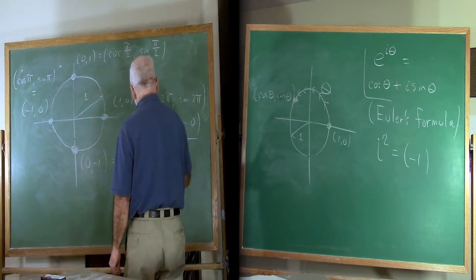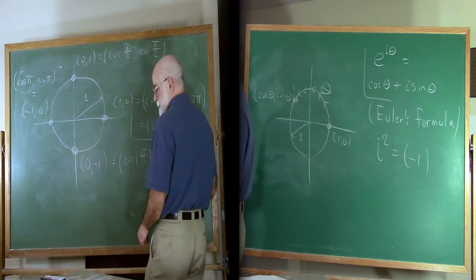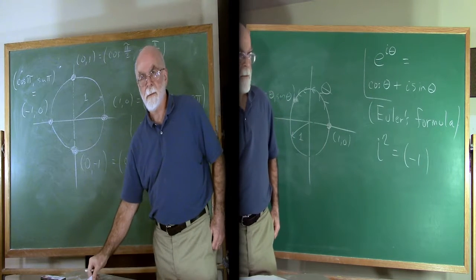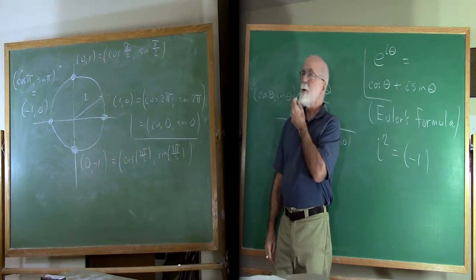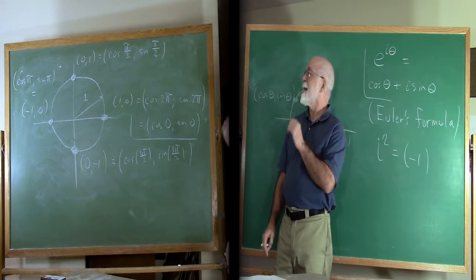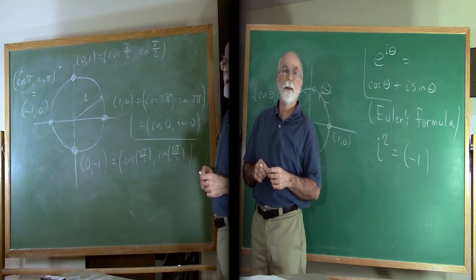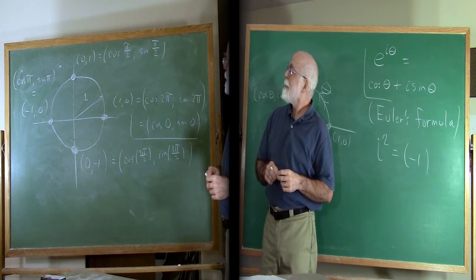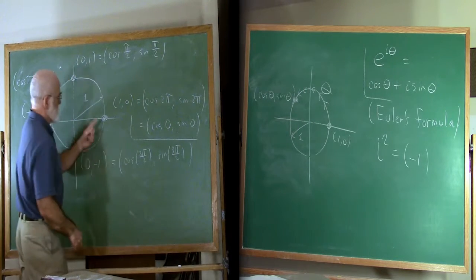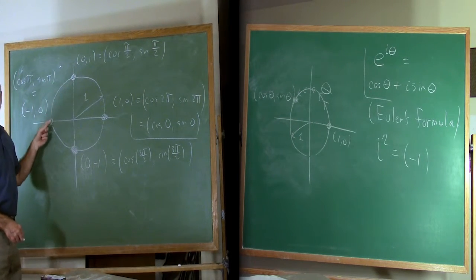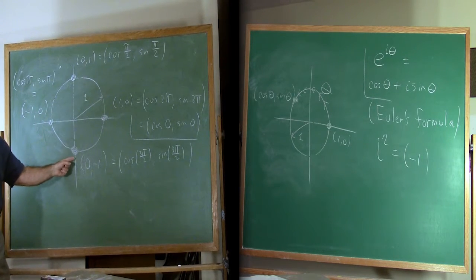Cosine sine of 3 pi over 2. Notice the sense of motion that you get as you calculate these sines and cosines. As theta increases, 0, pi over 2, pi, that causes us to move counterclockwise.